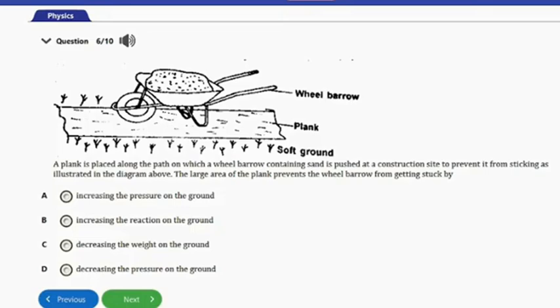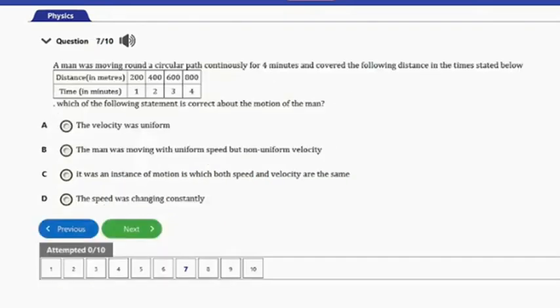So let's go ahead and consider the next question, guys. The next question we have here is question number 7. It says, a man was moving round a circular path continuously for 4 minutes and covered the following distance in the times stated below. Alright, so guys, we've seen the table here with the times.